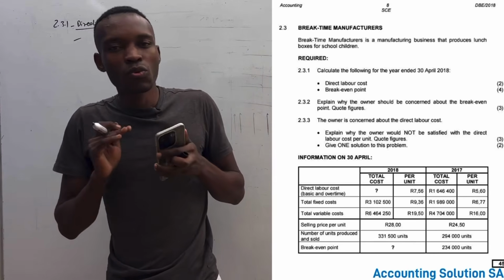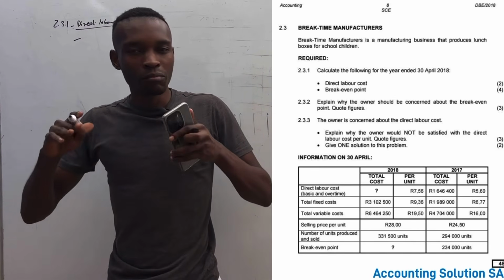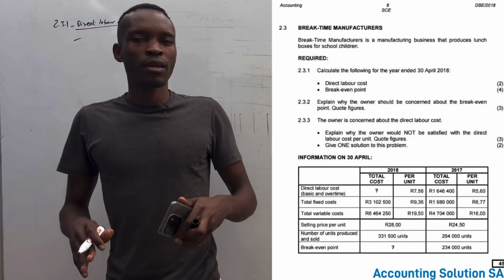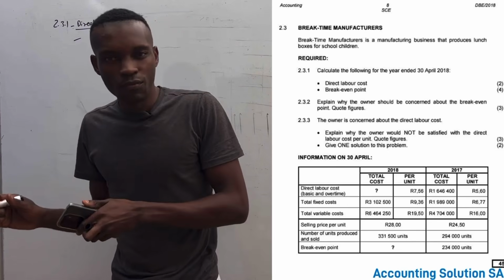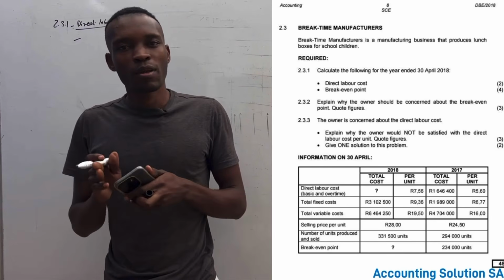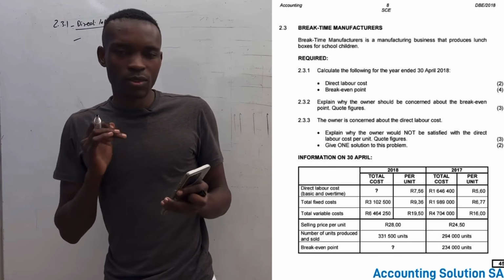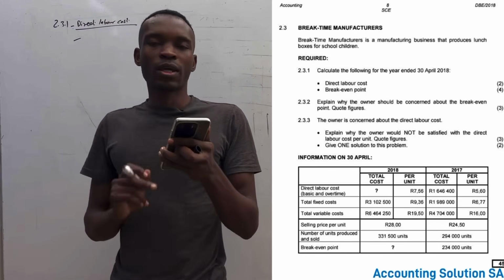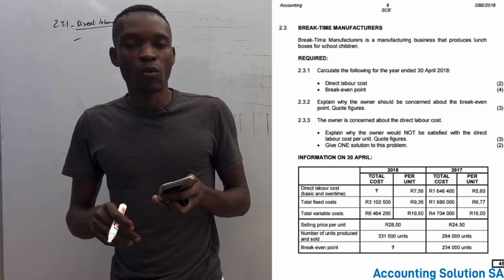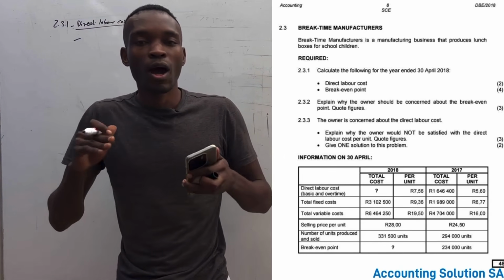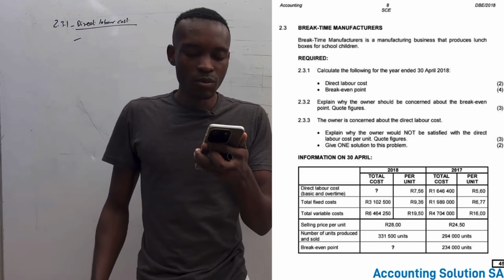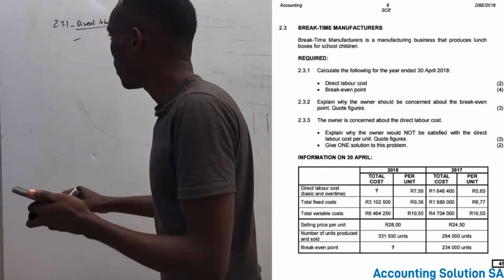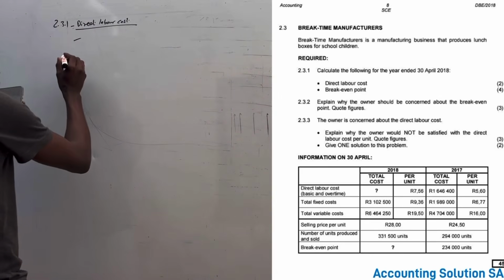And what you need to know, which is very important, guys, be able to classify everything that falls under fixed cost, everything that falls under variable cost, so that you will be able to know how you are going to deal with this transaction. Because now we know direct labor is variable, which means that it depends on how many units produced, which means that we need to check how many units produced so that we can multiply by per unit amount that we are given.